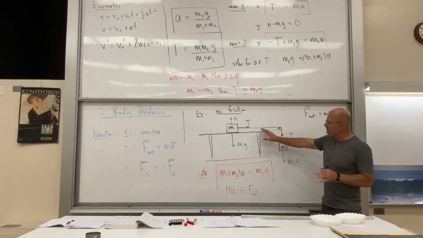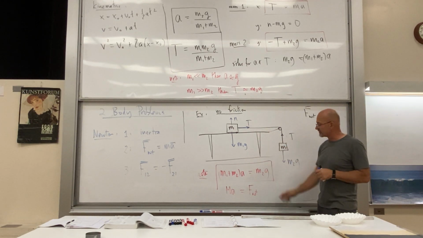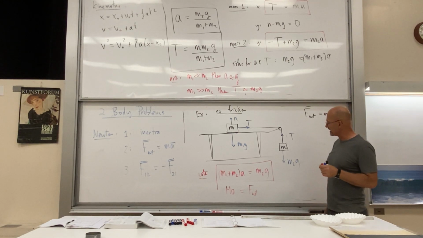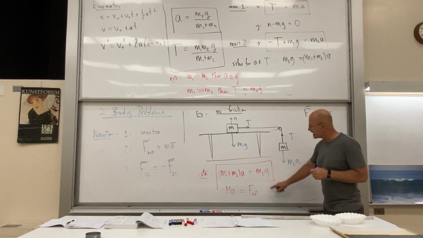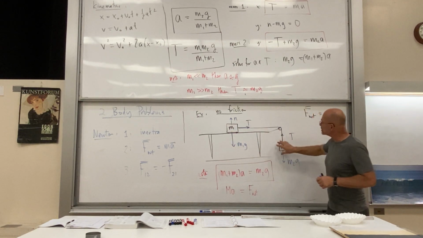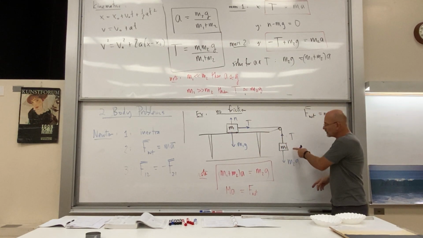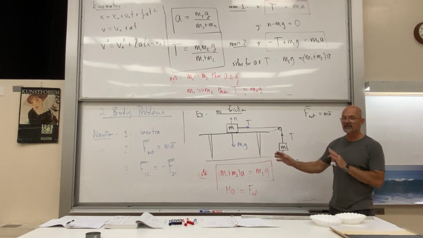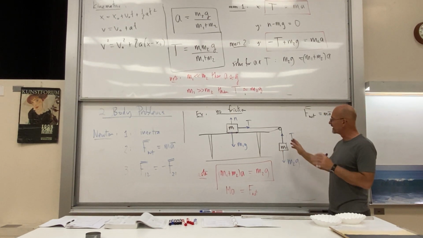So even though it's a two-body problem, you could have a three-body problem of this type. There's one in the book, maybe I'll assign it, and you would still have this kind of situation here. So both of these masses were providing inertia, but only one of them was providing force. So mass does more than just one simple thing.